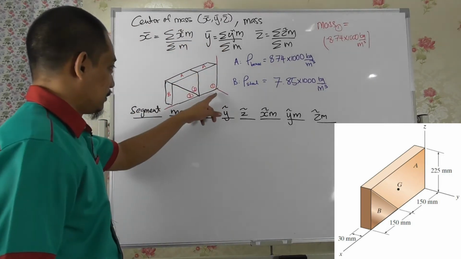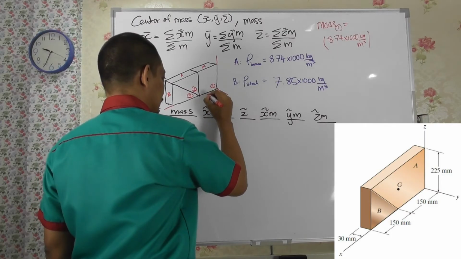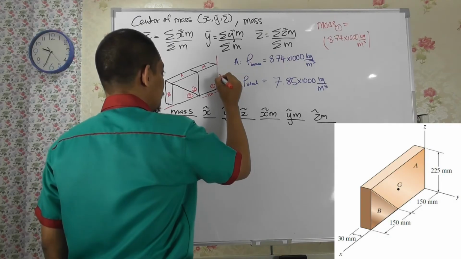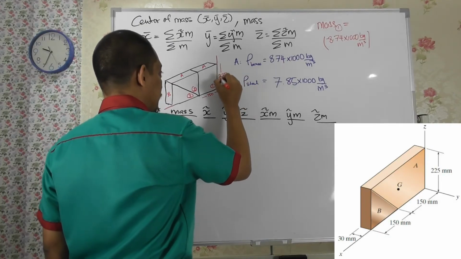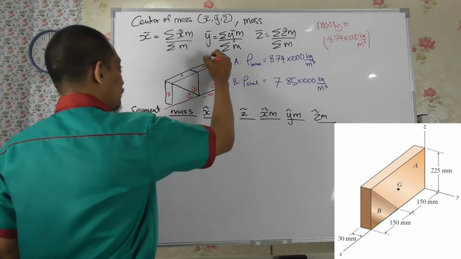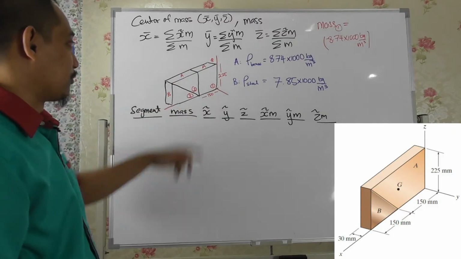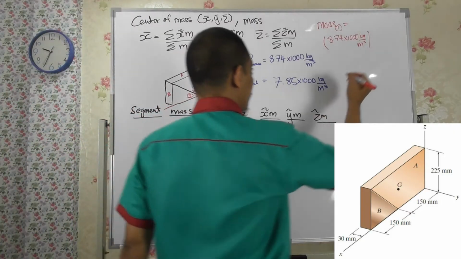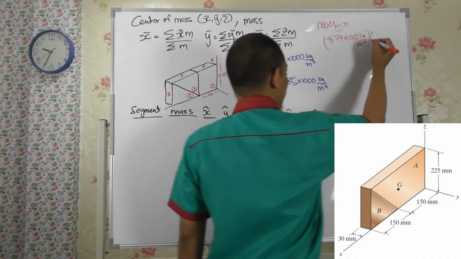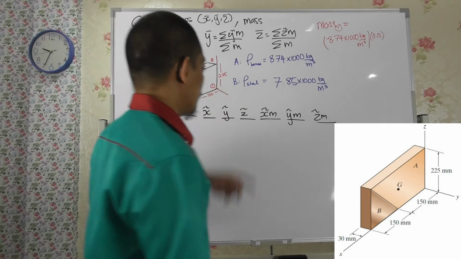In this case, the dimensions are in millimeter. This is 150, and this is 225 millimeter, and the thickness is 30. So it's just multiplication of all those. In terms of meter, this is 0.15 and this one is 0.225.